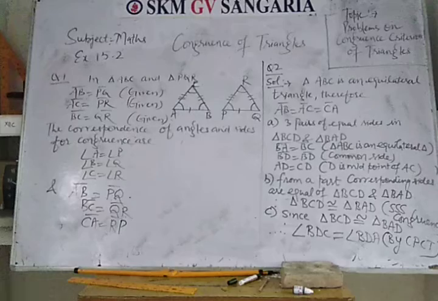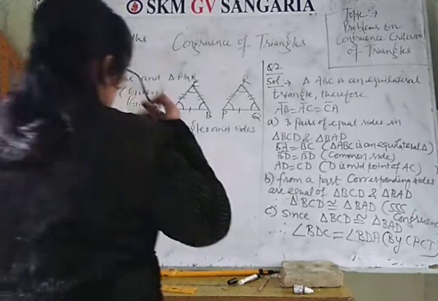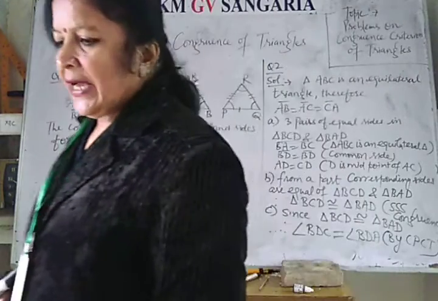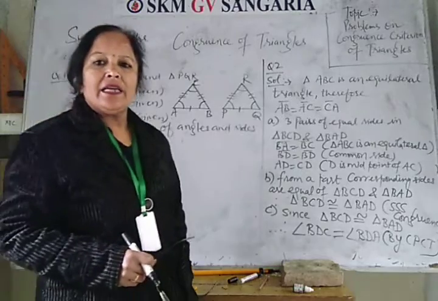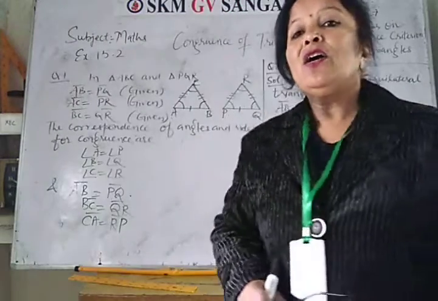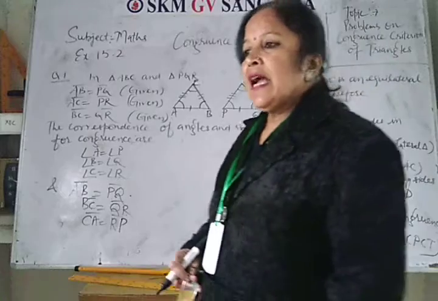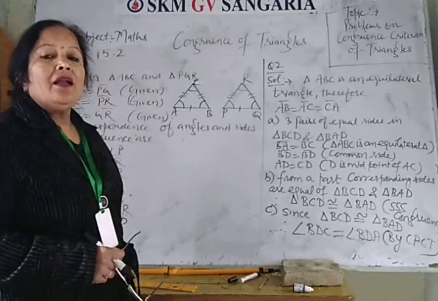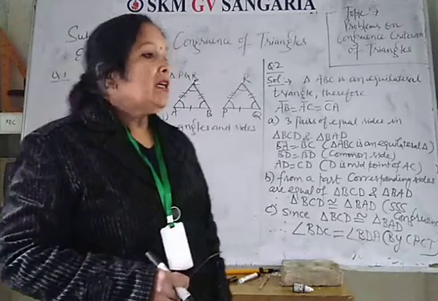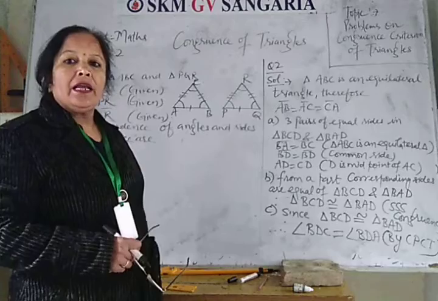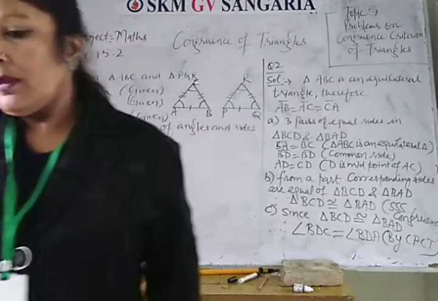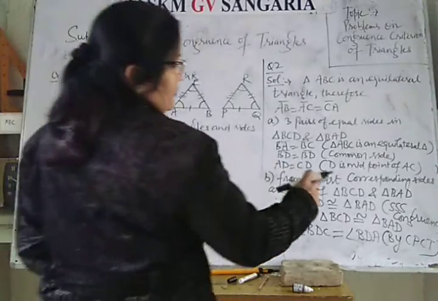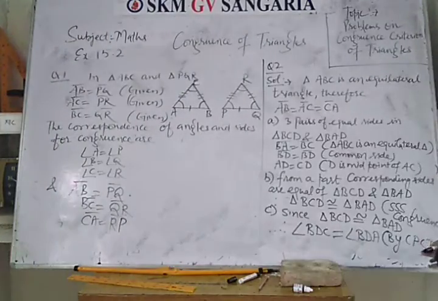Then the criteria is not asked to you, but when there is the side by side criteria, congruence criteria, both of the triangles are congruent. When the corresponding sides of both of the triangles are congruent, then by CPCT, meaning corresponding parts of the congruent triangles.